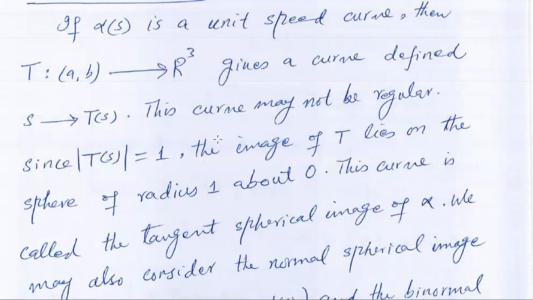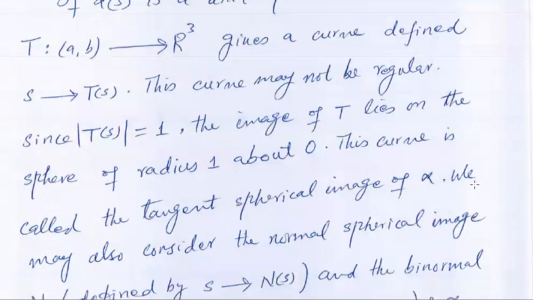Therefore, the image of T lies on the sphere of radius 1 whose center is the origin. And this curve T, if we consider T as a curve, is called the tangent spherical image of alpha.